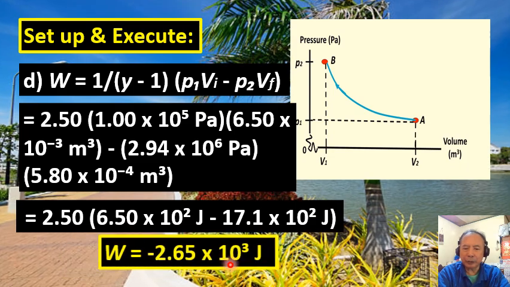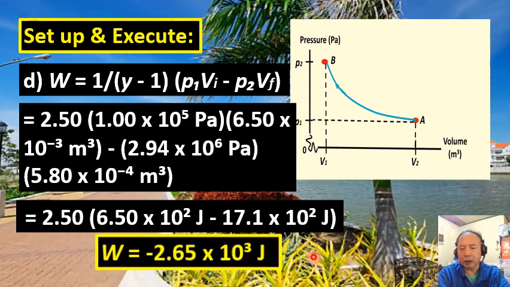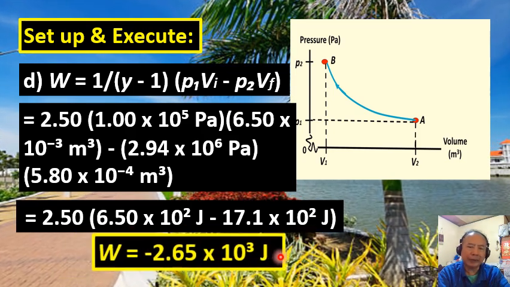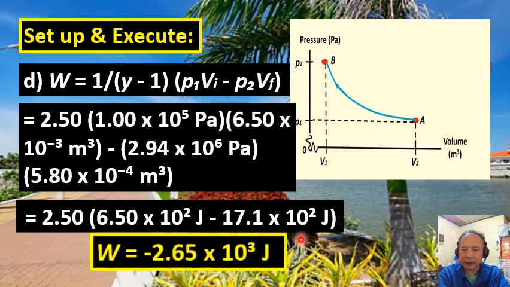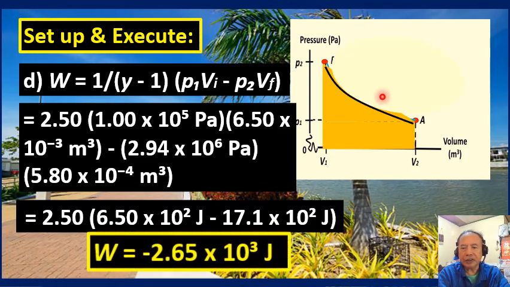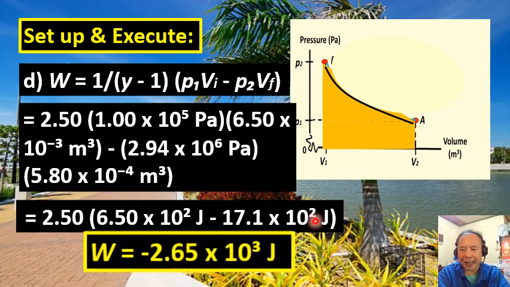As expected, we get a negative sign for the work done on the gas. And this amount of work done on the gas is also represented in our pressure volume graph. The shaded portion represents the work done on the gas.